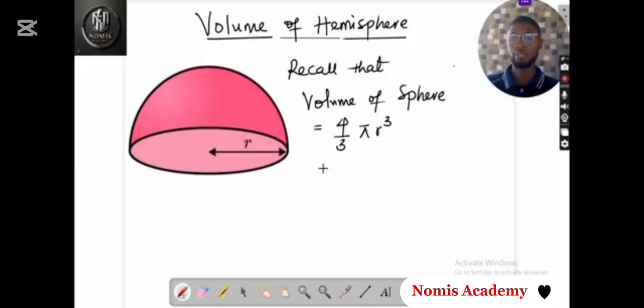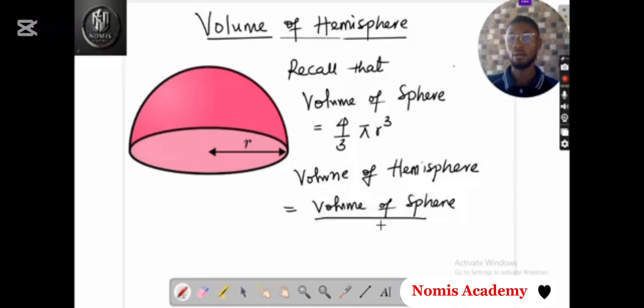then it will simply be divided by 2. This formula divided by 2, so that volume of hemisphere is equal to volume of sphere divided by 2.